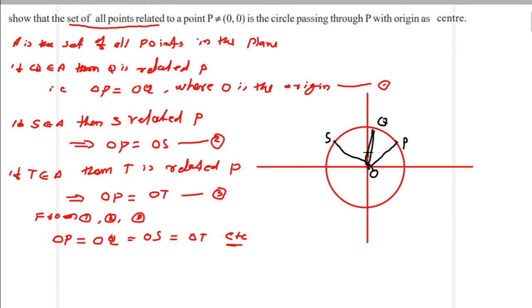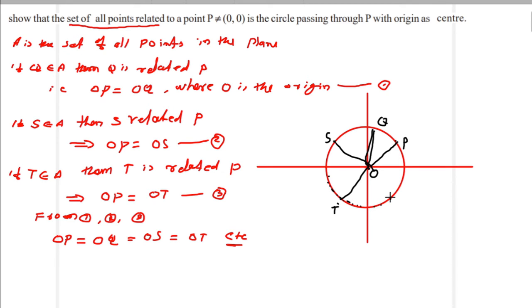Then you can take another point T related to P, which means OP equal to OT. Suppose T is here. So we can take infinitely many points.